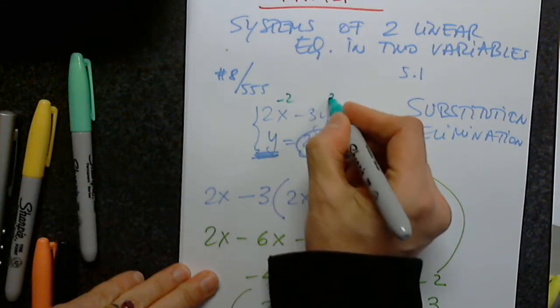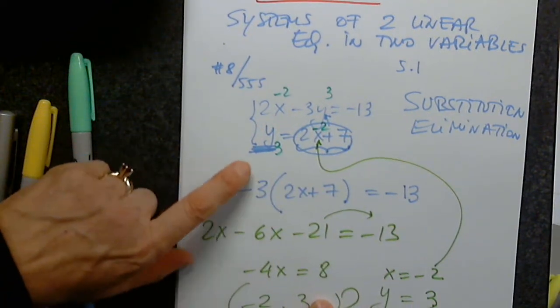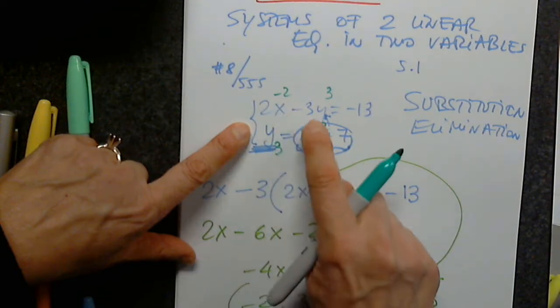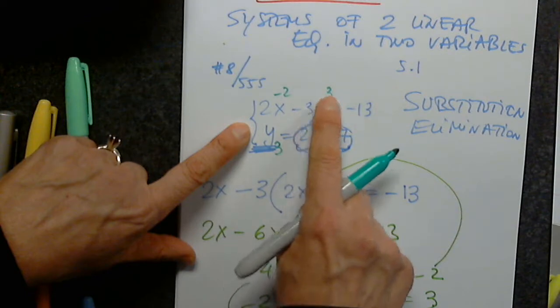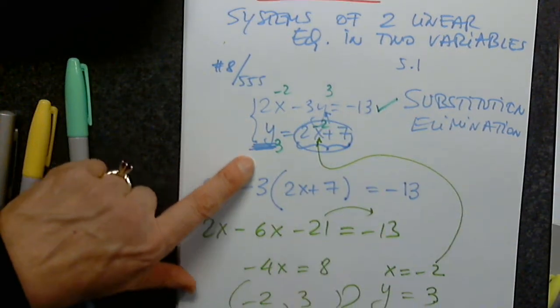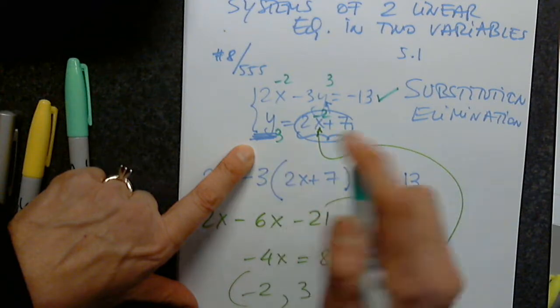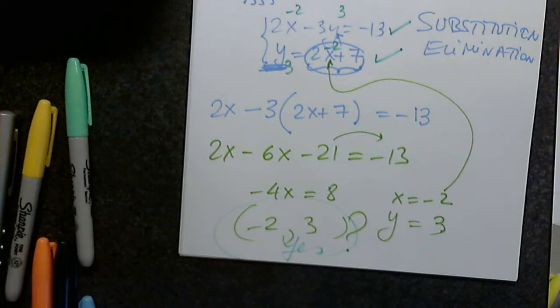Let's do this together. 2 times negative 2 is negative 4. Negative 3 times 3 is negative 9. Negative 4 minus 9, correct. 2 times negative 2, negative 4 plus 7 is 3. Correct. So I know that this is the correct solution, and this was done using the method of substitution.